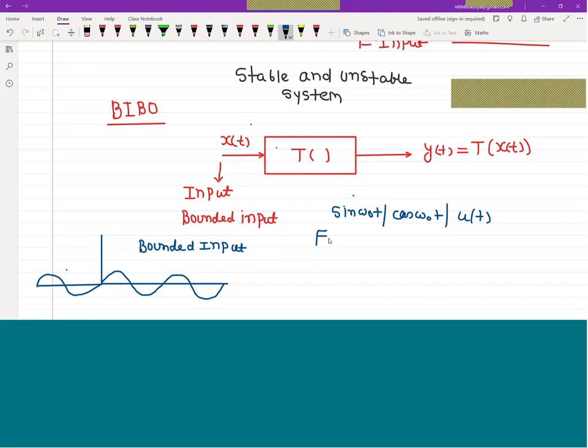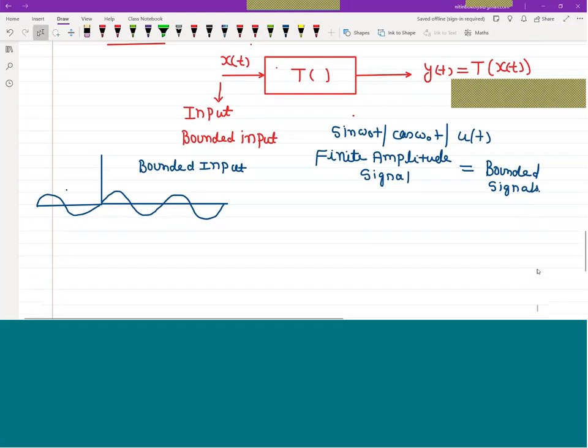Finite amplitude signals are known as bounded signals. A bounded signal, bounded input produces a bounded output.